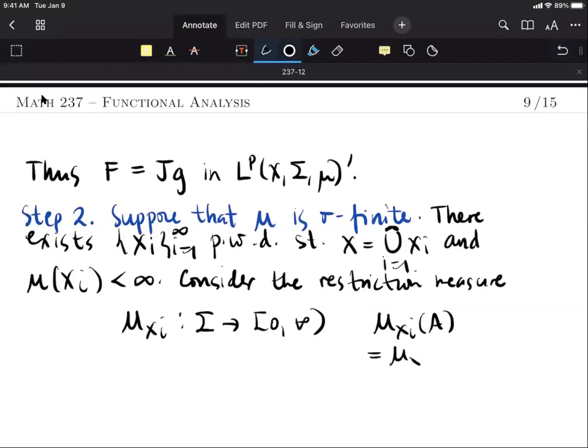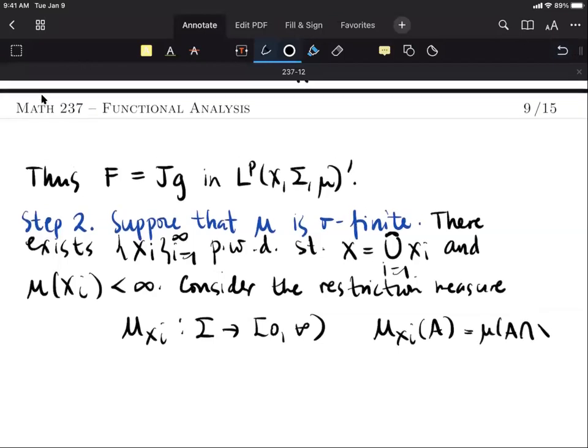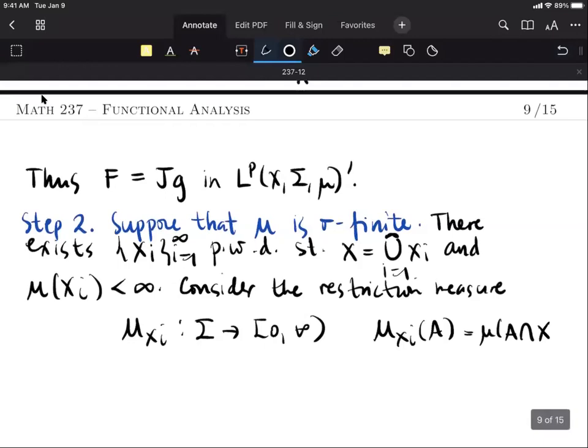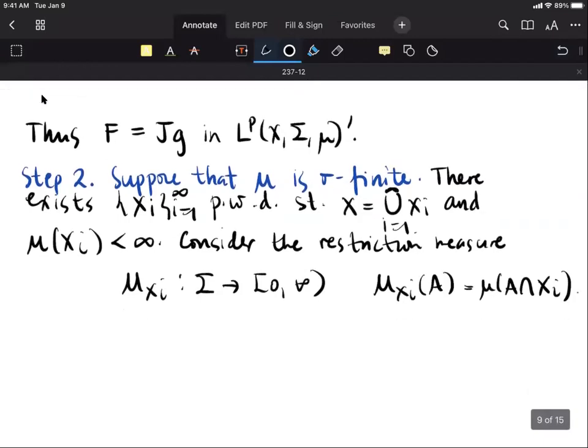You just take the measure of A intersection x sub I. By monotonicity and the fact that the measure of x sub I is finite, this is finite.